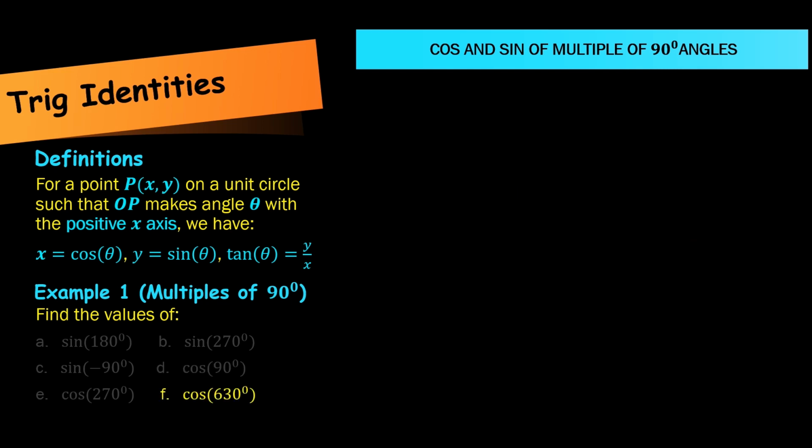And finally, let's consider cos 630 degrees. 630 degrees is clearly greater than 360 degrees. And since the graphs are periodic, with period 360, this is equivalent to 630 minus 360 degrees, which is equal to 270 degrees.